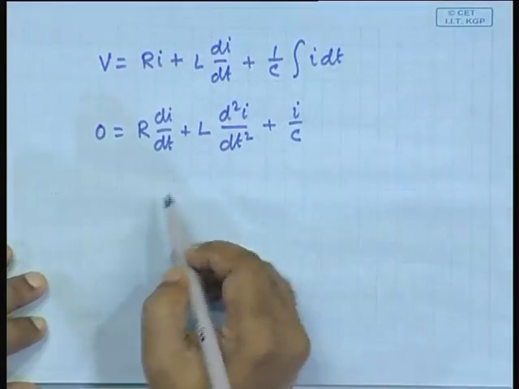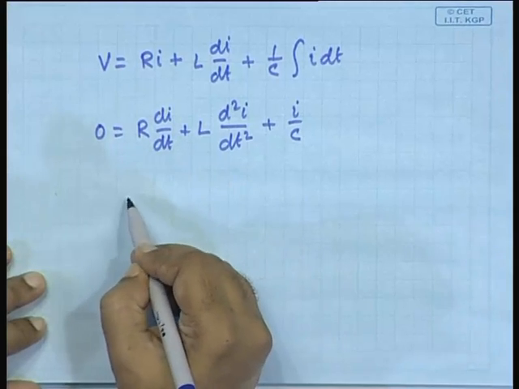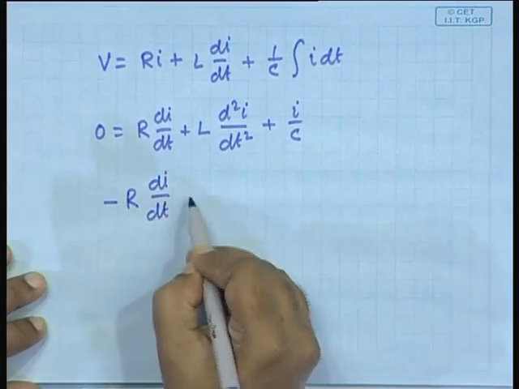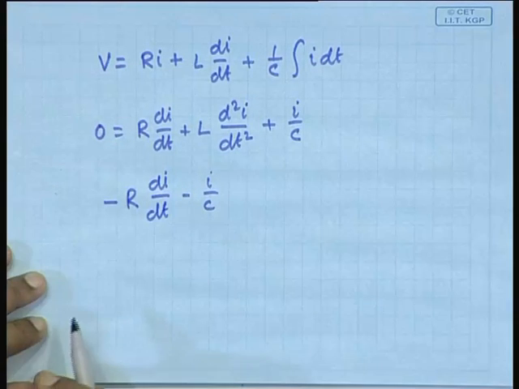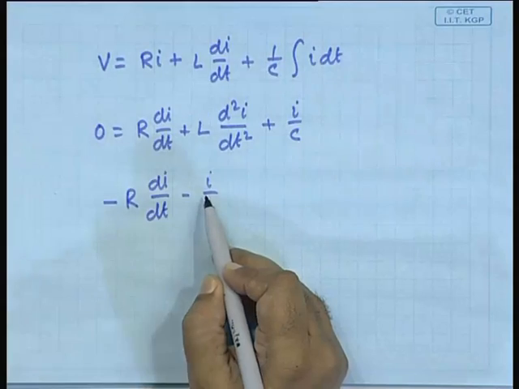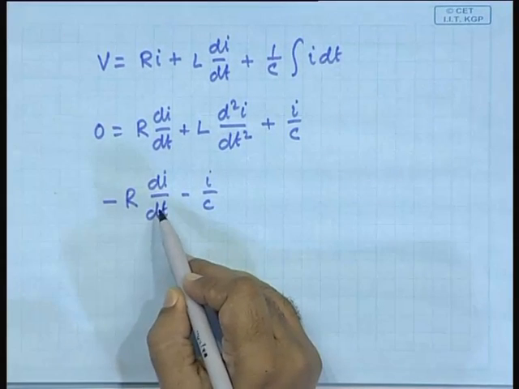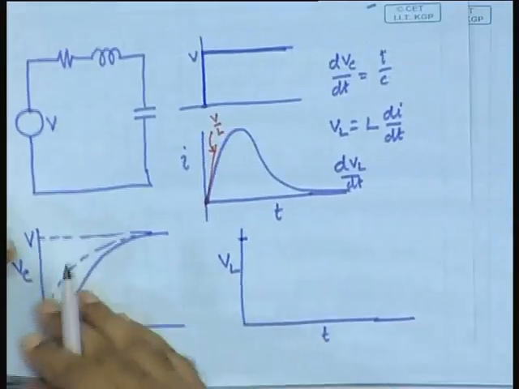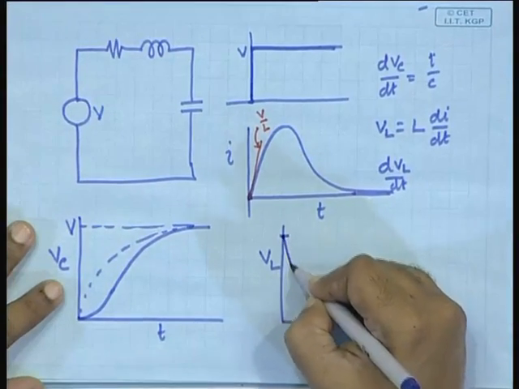It will be minus R di dt minus I by C. I initially is 0, but di dt is not 0. So, it will have a slope, negative slope. It will drop at a negative slope like this.